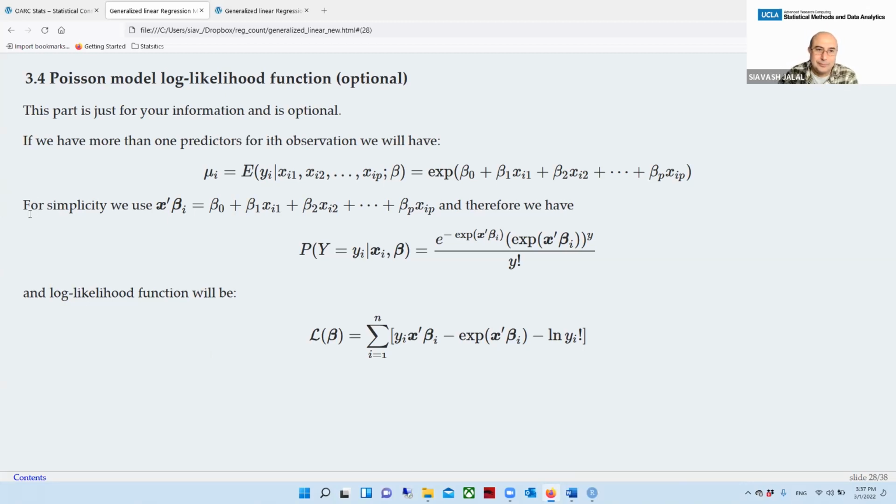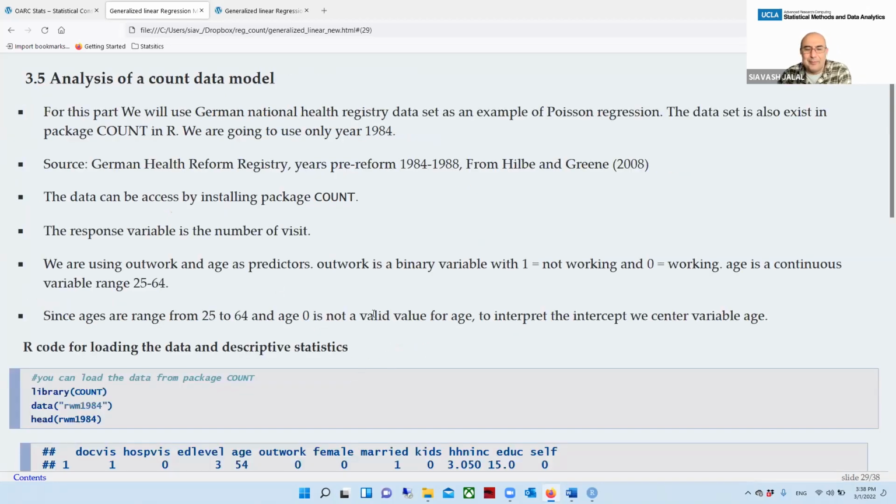So this part is optional. I put the log likelihood, and I talk about how we maximize the log likelihood to estimate. But this is one example based on data. There is a package called count in R, by the way, right? There are a lot of other functions you can use in this package that relate to count regression models or count data.